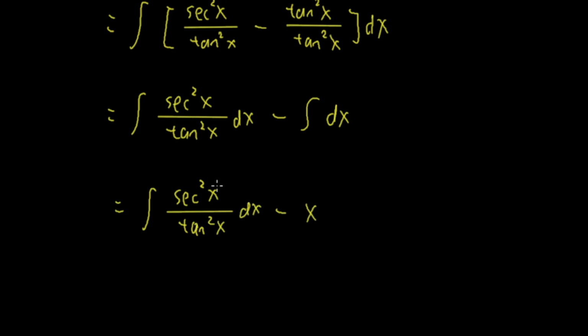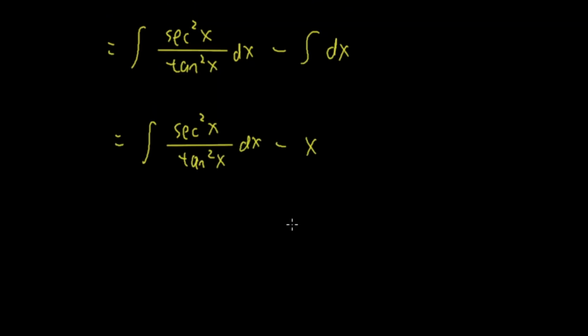Now we have to integrate this. And this is easy to integrate as well, because tangent and secant pair well with each other. And now I can just let u equal tangent x, then du is equal to secant square x dx, right? So I can replace this with u squared and this with du, right?